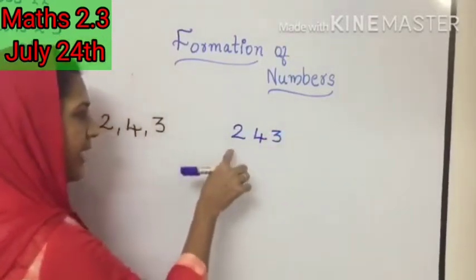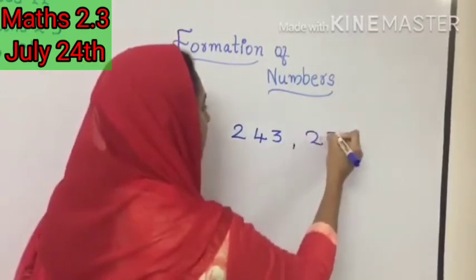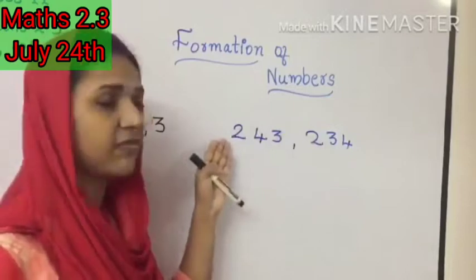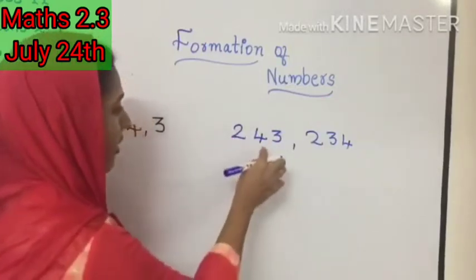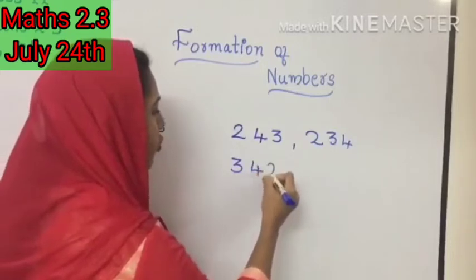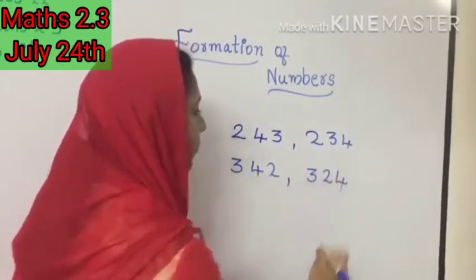243, and again we can start with the 2 itself, 234. Okay, these are the numbers starting with 2. Now I am going to start with the digit 3. 342 and 324.